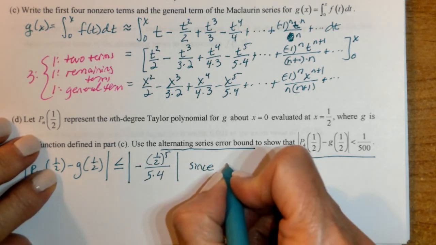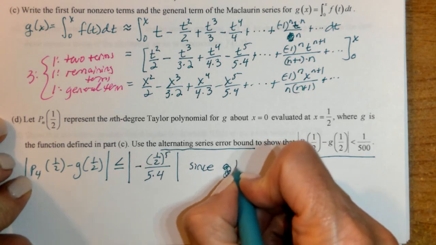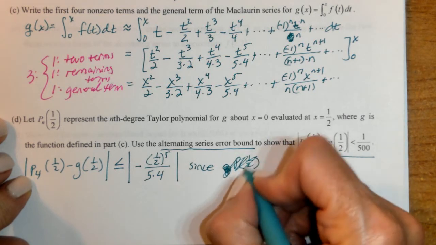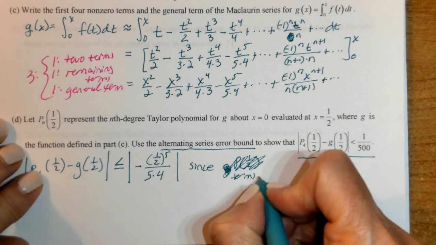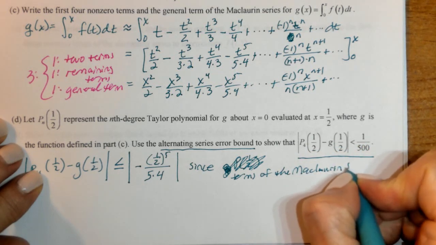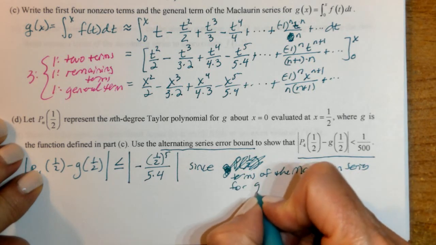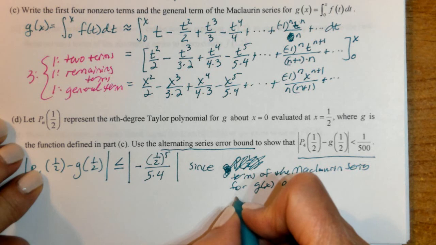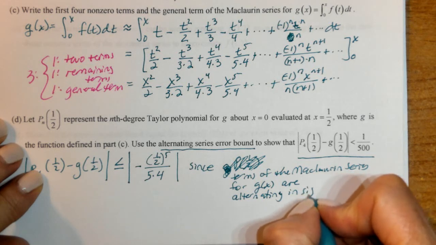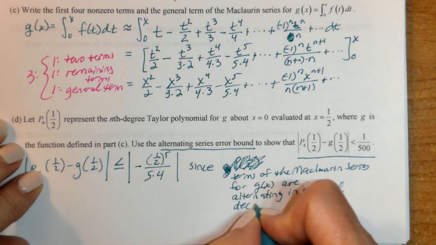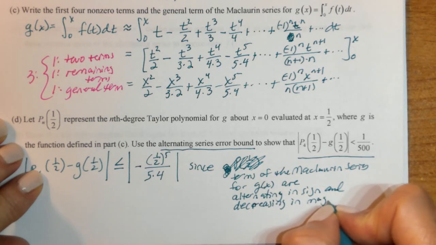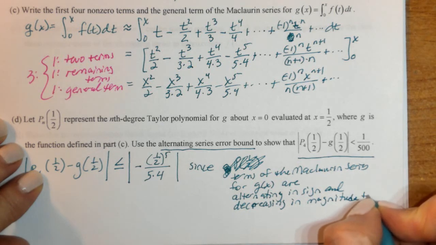Since the terms of the Maclaurin series for g of x are alternating in sign and decreasing in magnitude to 0.